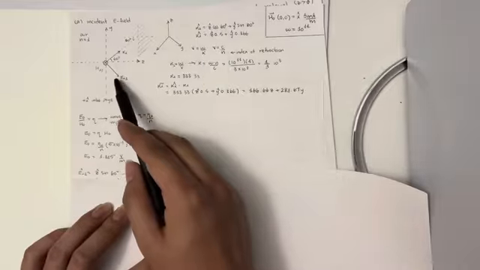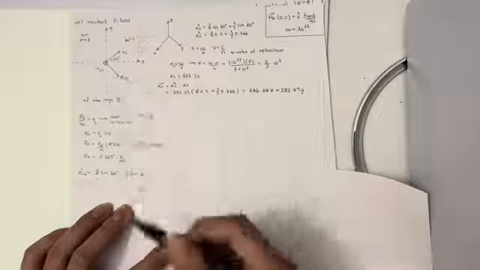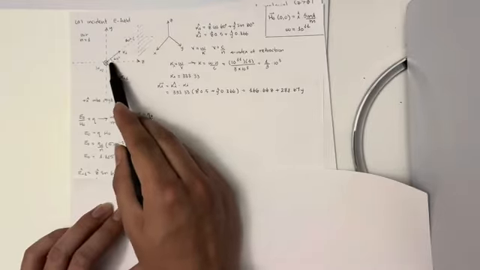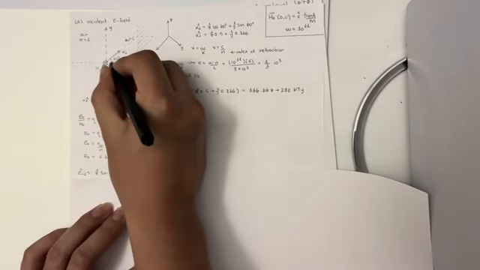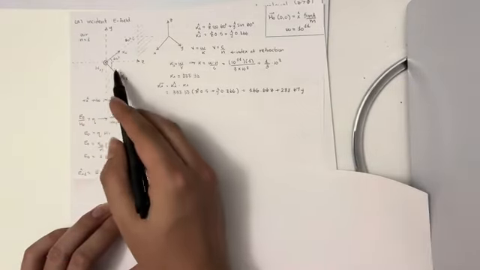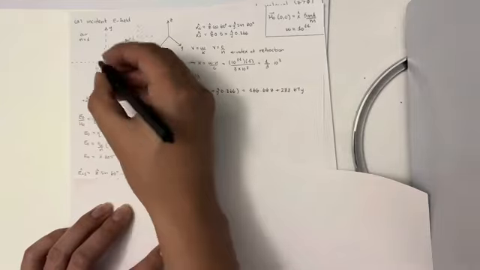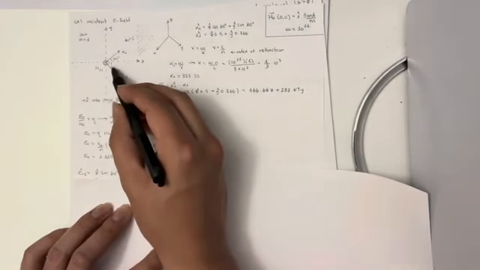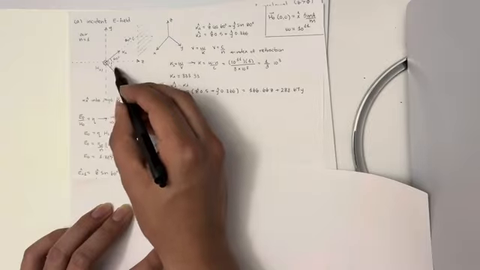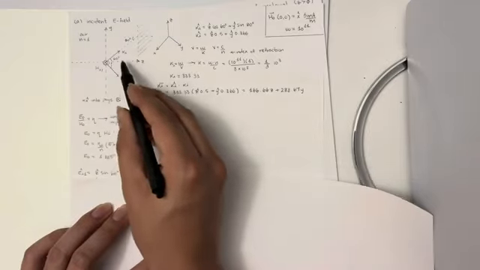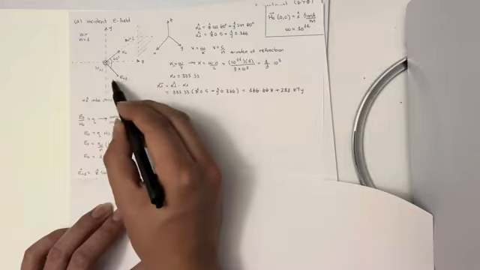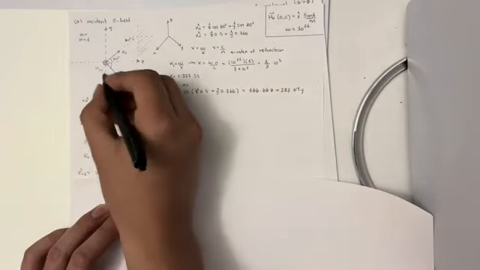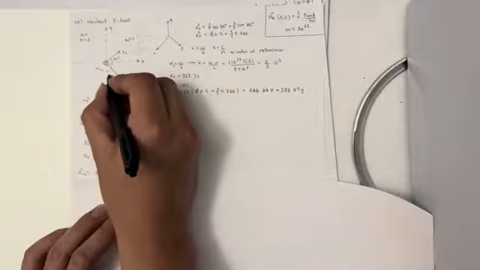We know that this is going down, and since this angle right here is 60, this other angle is the right angle, which is 90 minus 60, which is 30. And since this angle is 30, we know that this spot right here is also a right angle. So right angle minus 30 is equal to 60. So this angle is also 60.